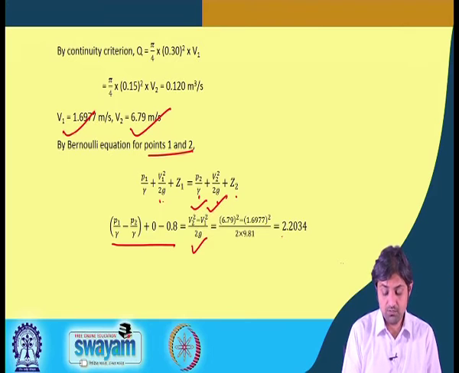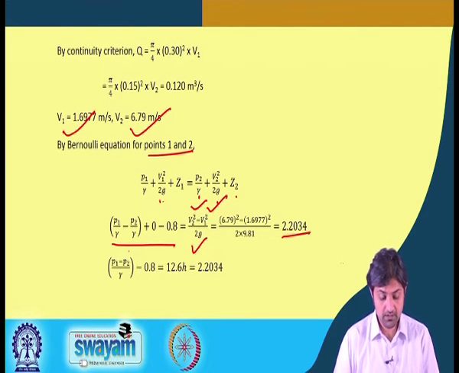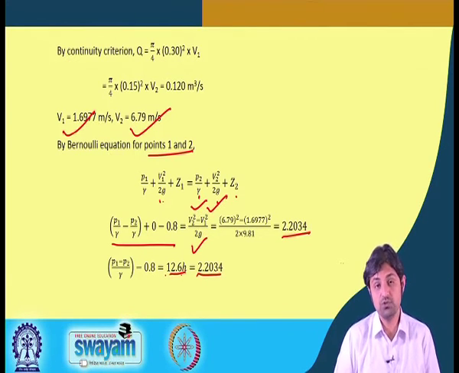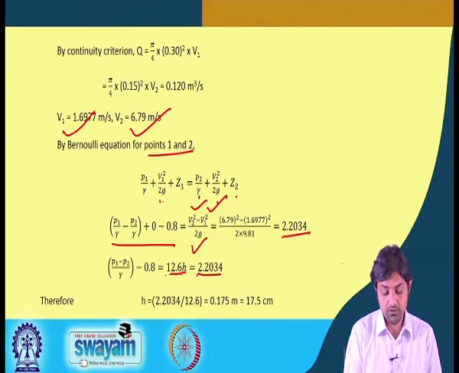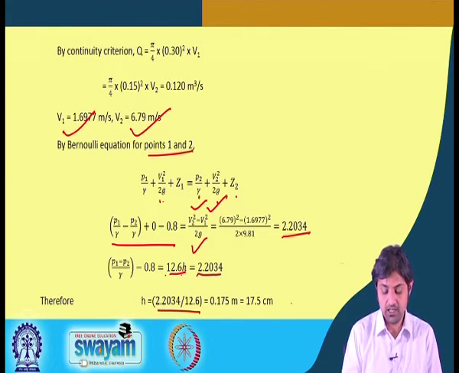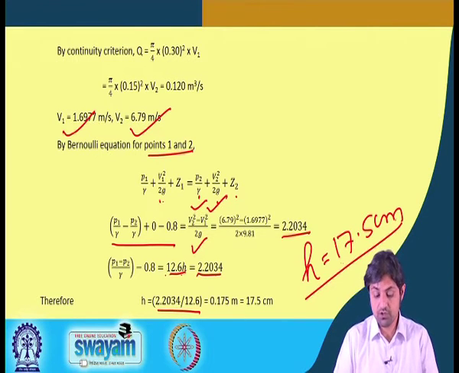This is going to come to 2.2034. Alright. So P1 minus P2 by gamma minus 0.8 is also equal to 12.6 H, and that is also equal to 2.2034. Therefore, H is 2.2034 divided by 12.6, and that gives H equal to 17.5 centimeters.